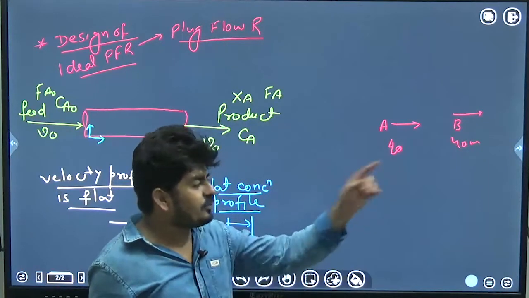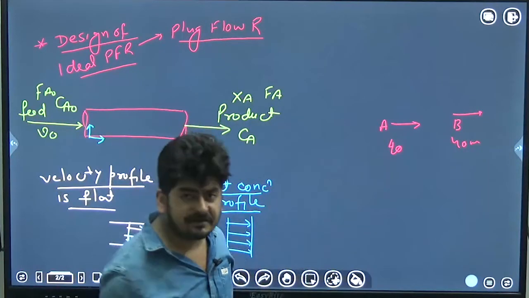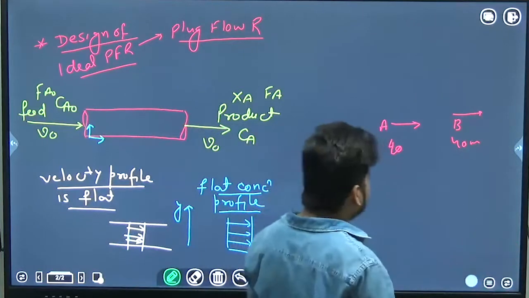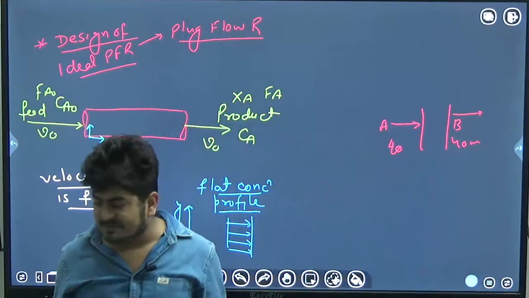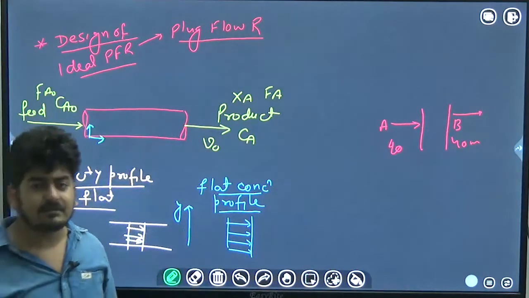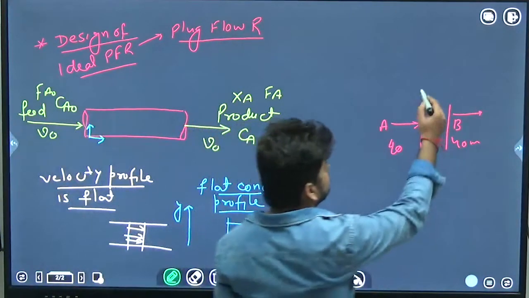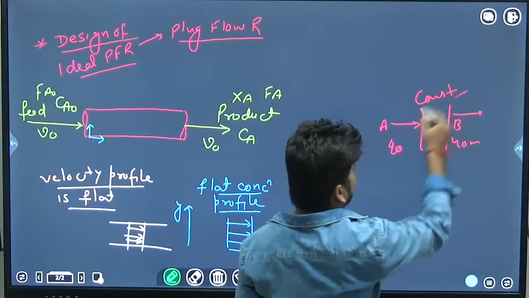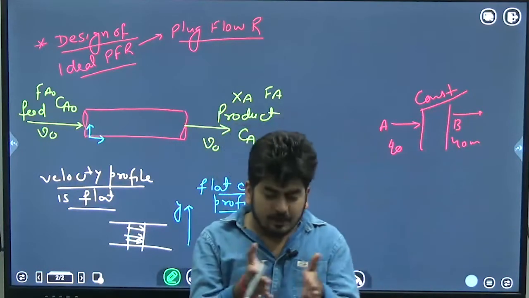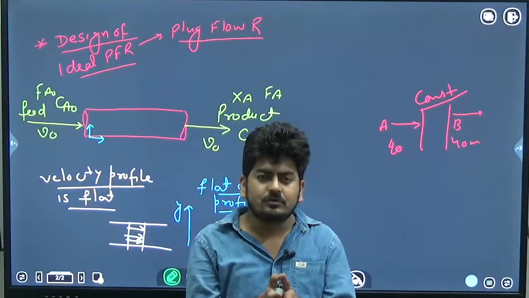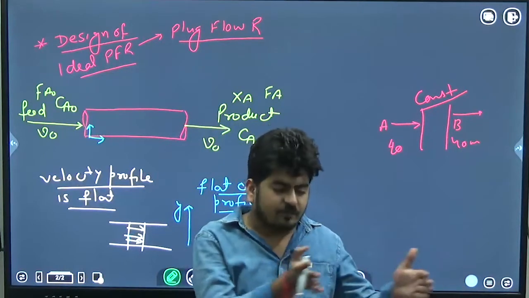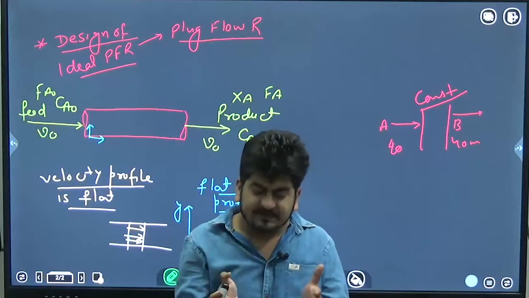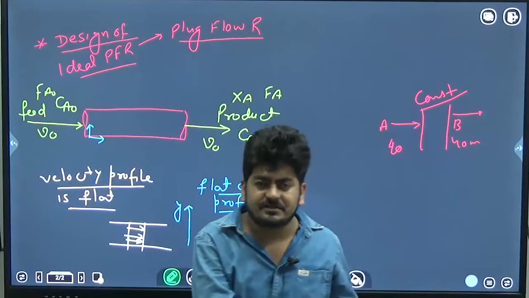So as both of you are moving with the same speed in the same direction, the distance between both of you will remain constant. There will not be any interaction between you. Both of you will move with the same velocity, so the distance between both of you will remain constant.